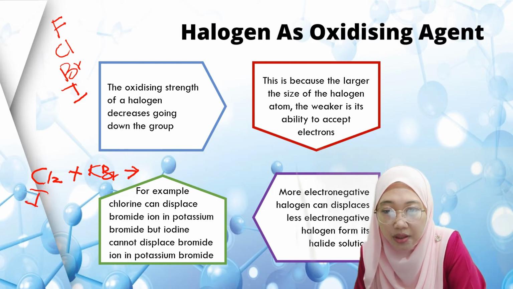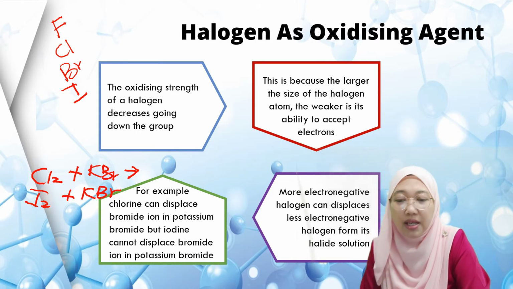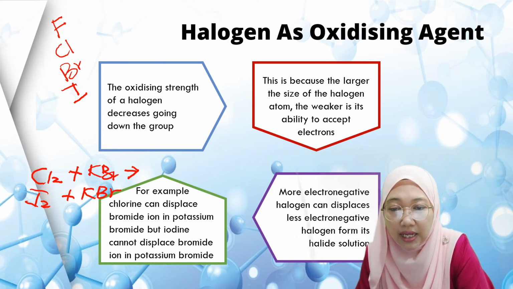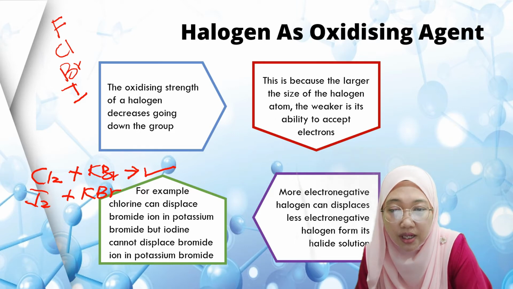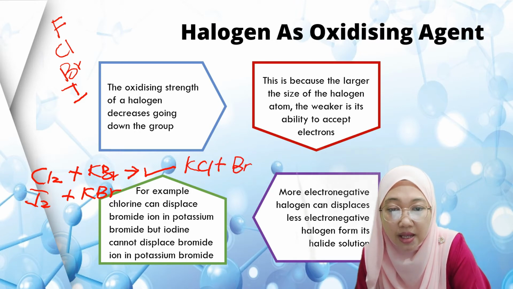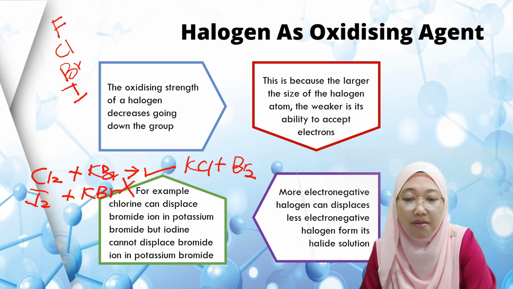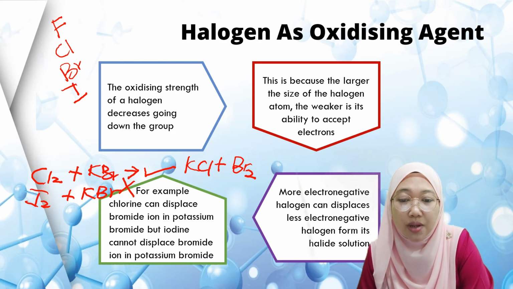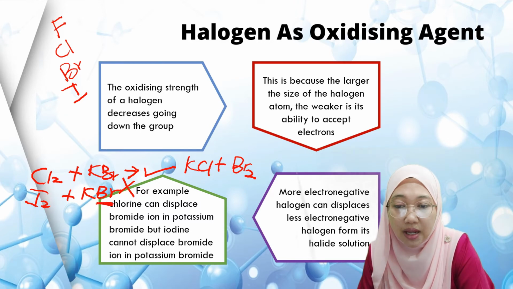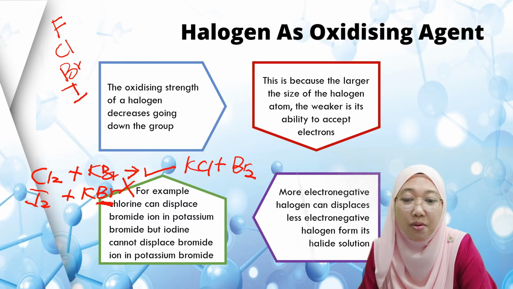Okay, another one we have iodine plus KBr. Okay, so tindak balas ini, dia kata chlorine can displace. Okay, tindak balas ini boleh berlaku di mana produknya kita akan dapat KCl plus Br2. Okay, tapi tindak balas yang kedua ni tidak akan berlaku. Okay, sebab iodine cannot displace bromide ion in potassium bromide. Dia tak boleh nak gantikan bromide ion di sini.